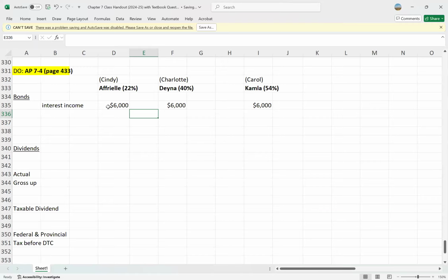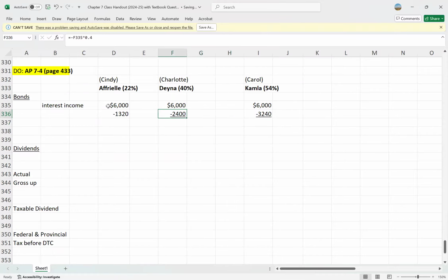Their tax rates will be different. So this will be 22% tax, so 1,320 in tax. 40% tax would be 2,400, and then 54%, 3,240.